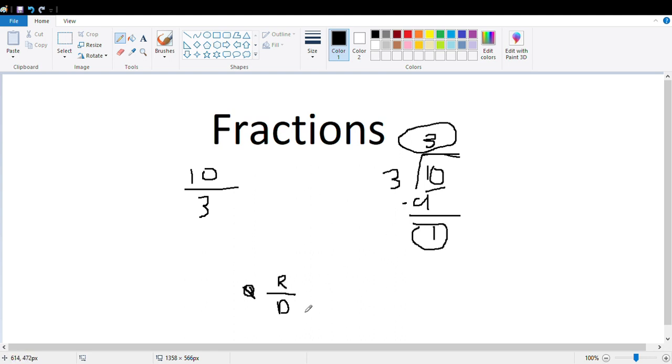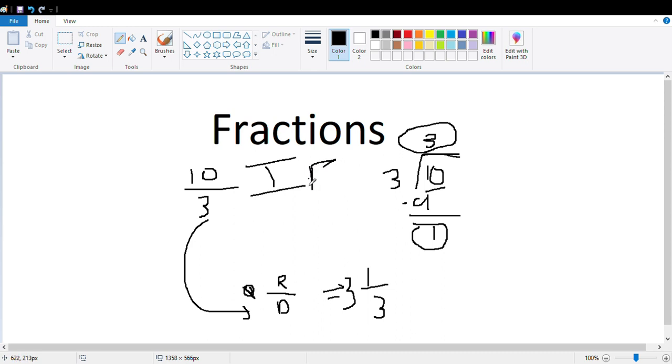So with these clues we can deduce that 3 is the denominator and the quotient is also 3. So 3, and then the remainder is 1. So 3 1 by 3. This is how you convert an imperfect fraction into a mixed fraction.